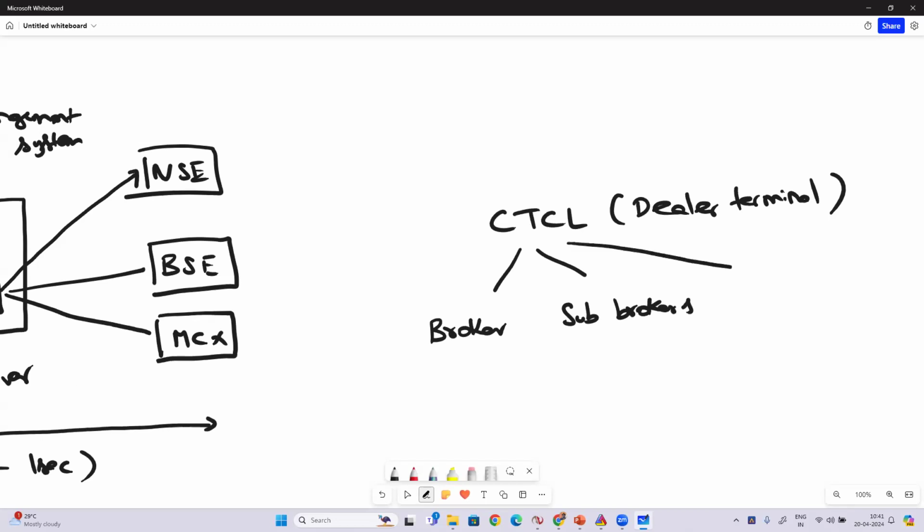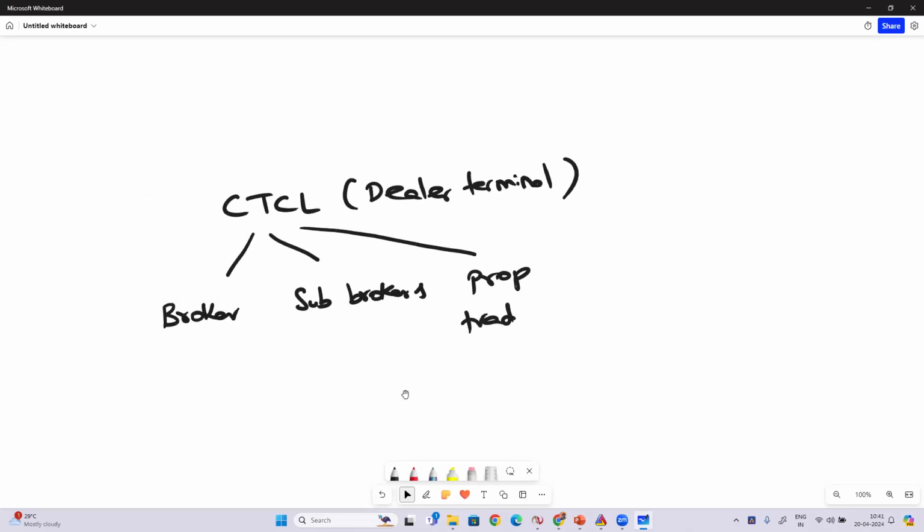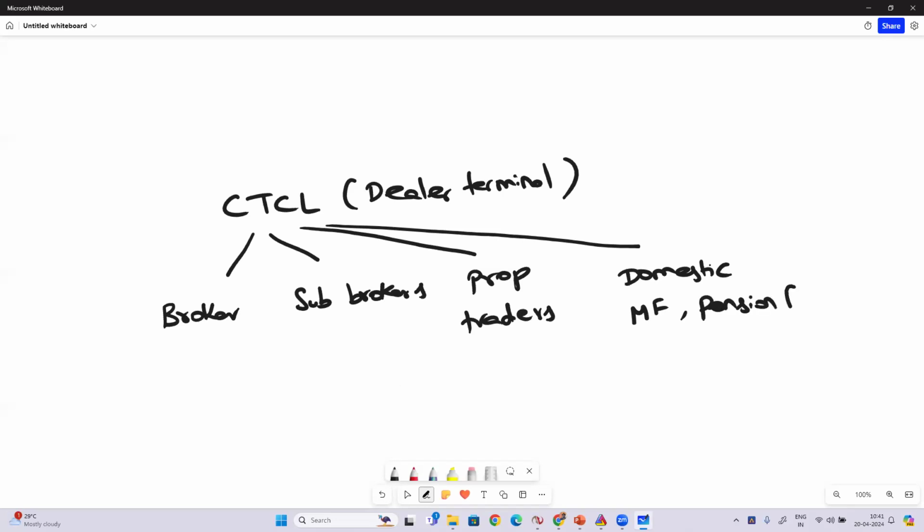Or the CTCL terminal will even be used by prop traders. And not only the prop traders, even some of the institutions also use it: domestic mutual funds or maybe pension funds. So mostly domestic funds will be using this route.